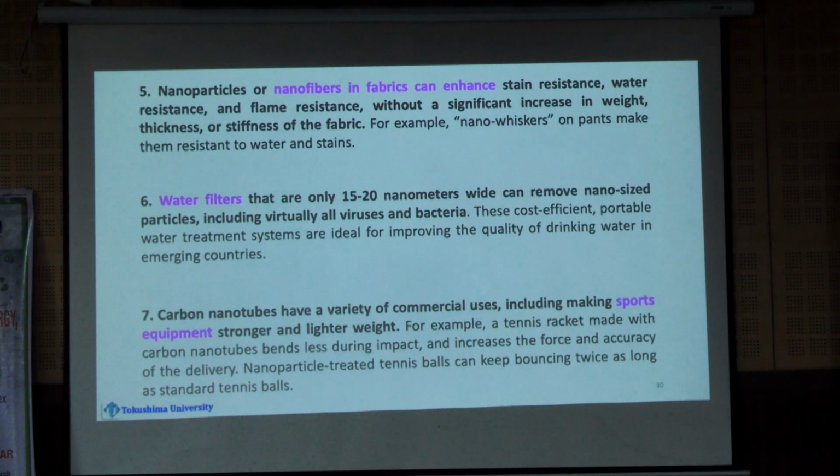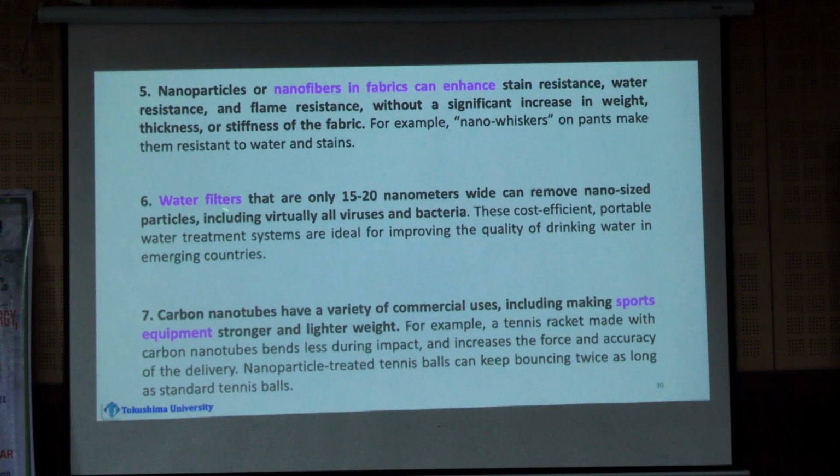So here, again, nanoparticle can be used in the clothing or fabric industry, where we can improve the performance and our clothing will become more comfortable, with stain resistance or water resistance.